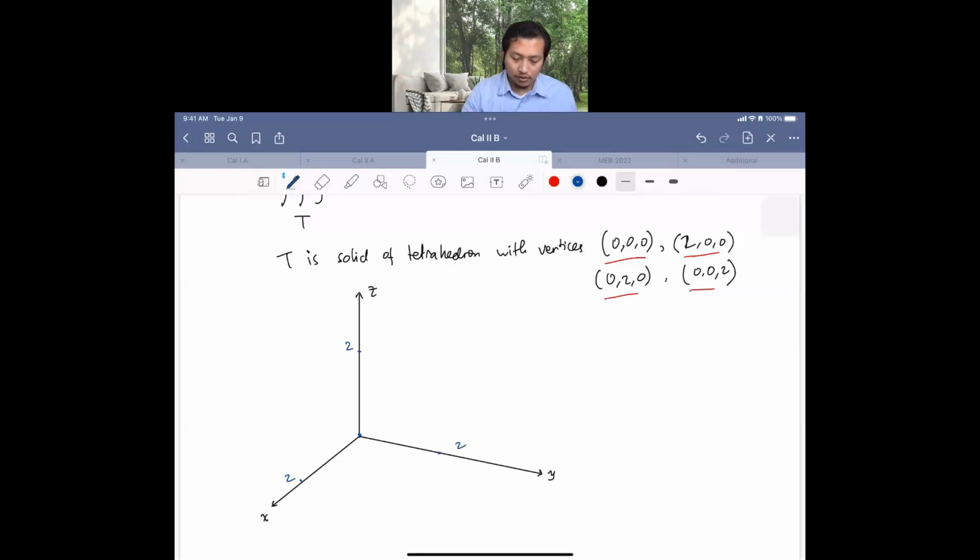So this will be our tetrahedron. I think we can agree that this tetrahedron is x plus y plus z equal to 2, because all the cross sections have units.